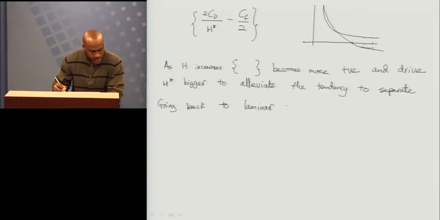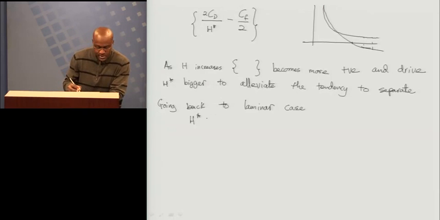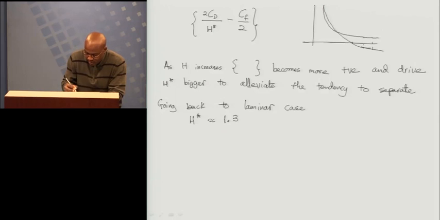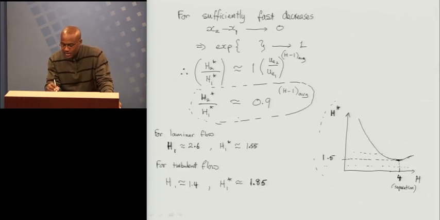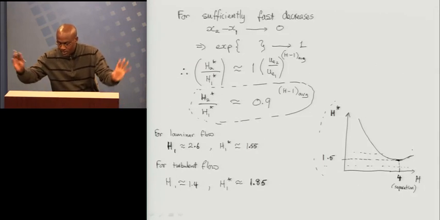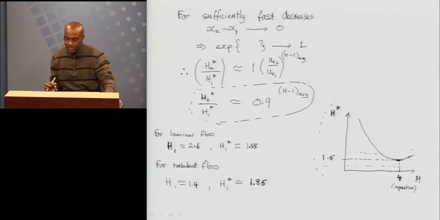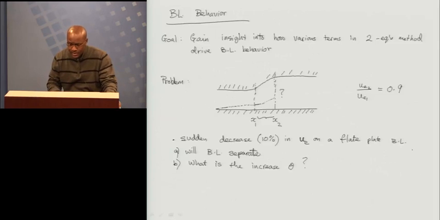Going back to the laminar case, we had H star approximately equal to 1.3, which wasn't a quote-unquote allowable value. So that 1.3 is down here, so it's not on that allowable curve. So let's see what happens in that case.